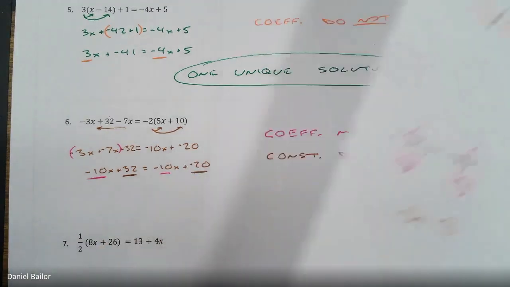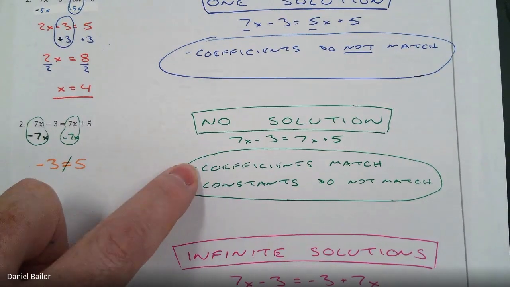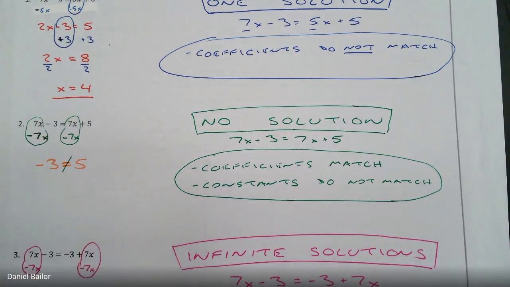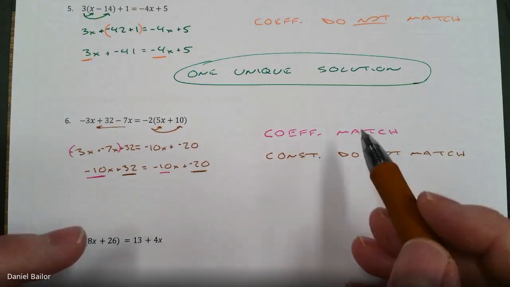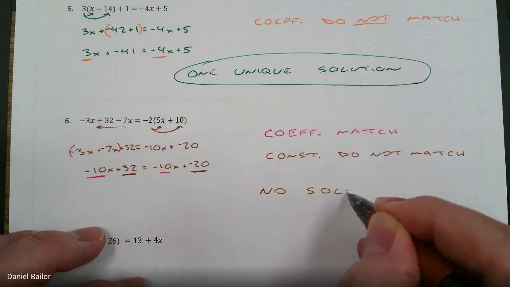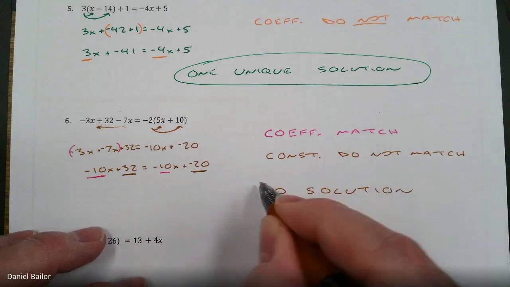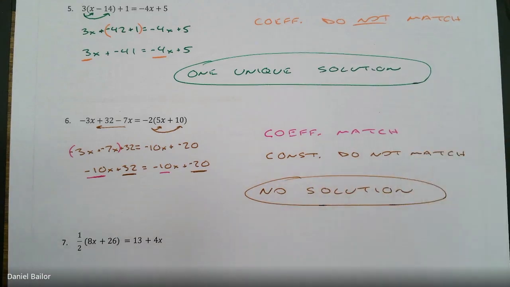So it has to be no solution. When the coefficients match and the constants do not, that is no solution. So match, no match means no solution. So this equation has no solution because the coefficients match, but the constants do not.